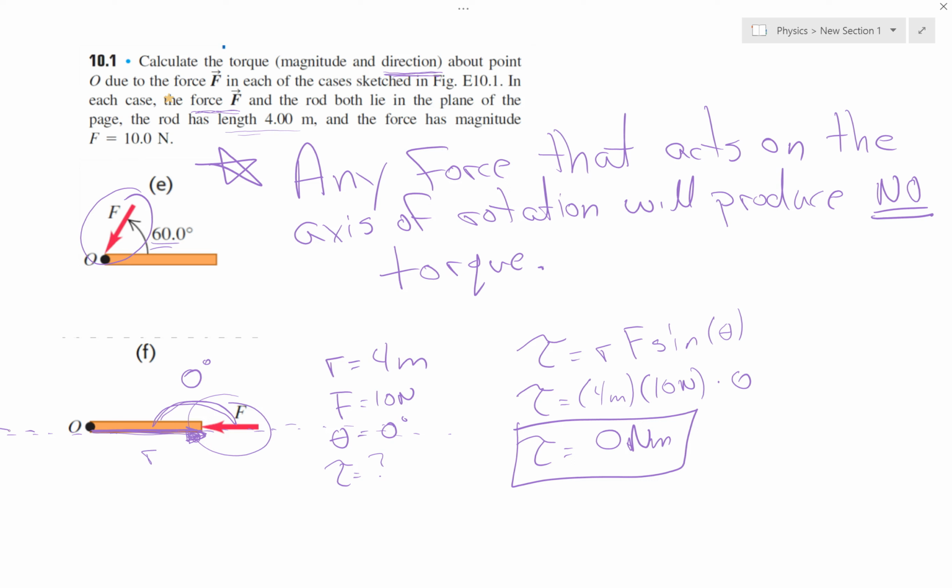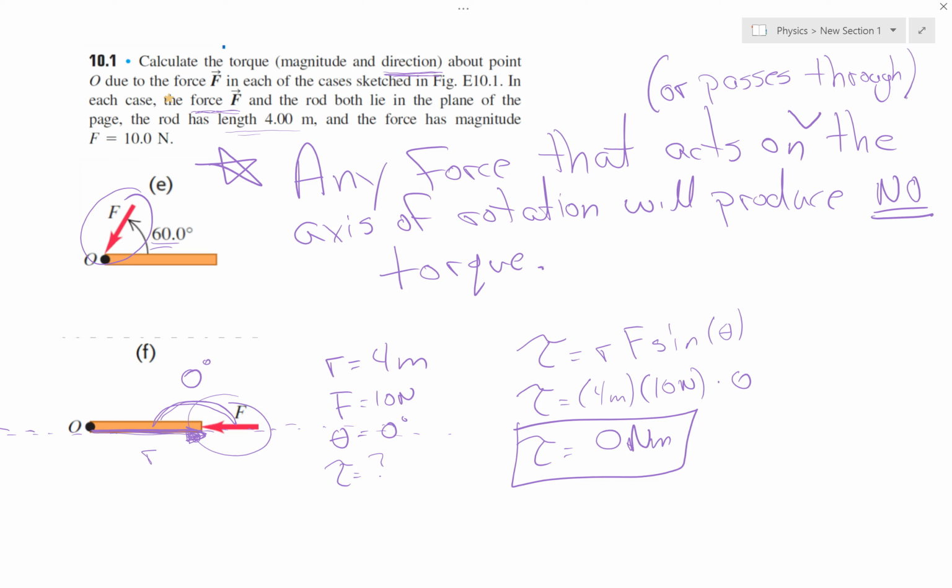So what I'm going to do is take a look at that claim that I made a second ago, the one that's right above us, that says any force that acts on the axis of rotation will produce no torque. And I'm going to add not just acts on, but also passes through the axis of rotation will produce no torque. So neither of these examples are going to be able to produce any type of rotation.